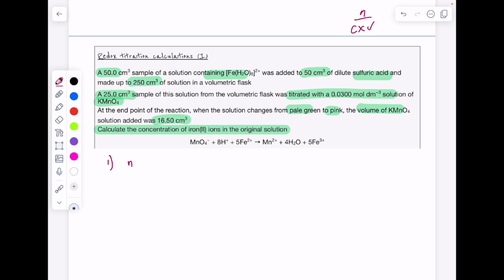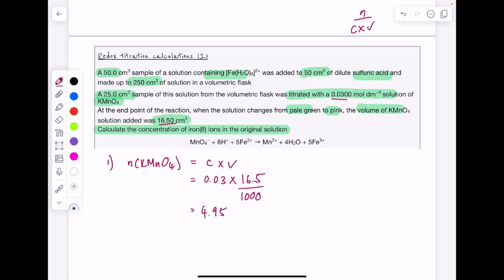But beginning at the beginning with the number of moles of KMnO4, just underlining the key numbers here, dividing by 1,000 to get that into decimetres cubed. So we have 4.95 times 10 to the minus 4 moles of KMnO4. Now we're using the stoichiometry to work out the number of moles of Fe2+ in the 25 centimetre cubed sample.